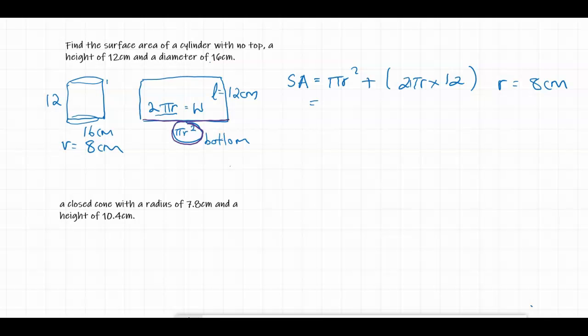So pi times 64 plus 2 times pi times 8 times 12. If I put that into my calculator, it all comes out to be 804.25 centimeters squared. Okay, so remember to draw a net, and remember to consider whether it has a top or not.